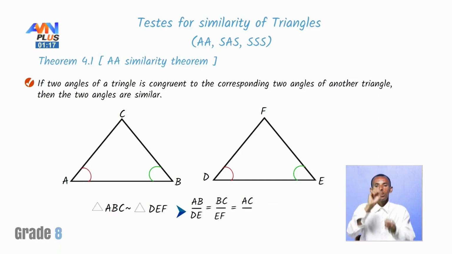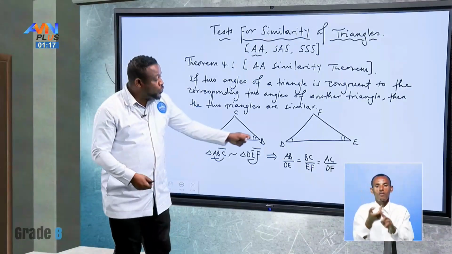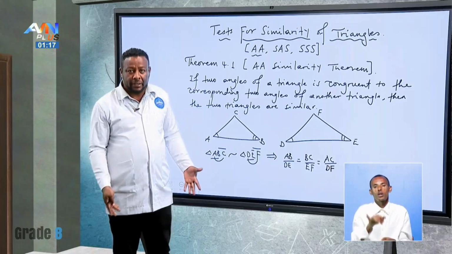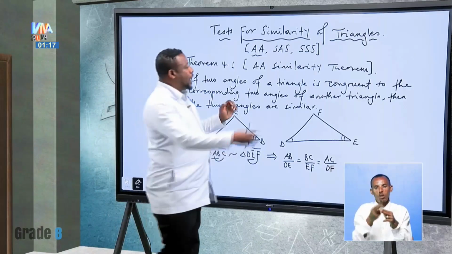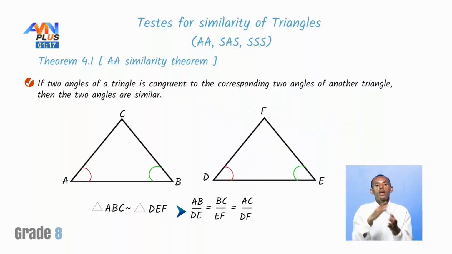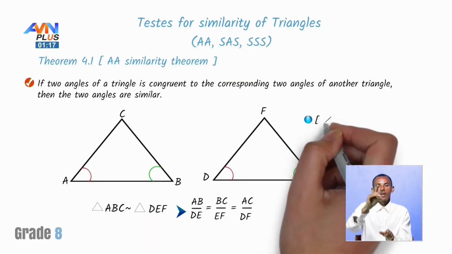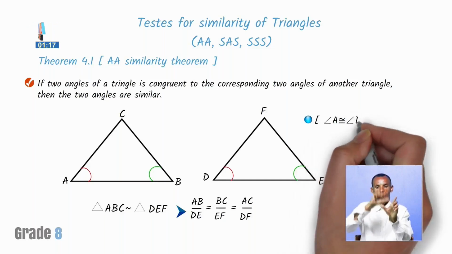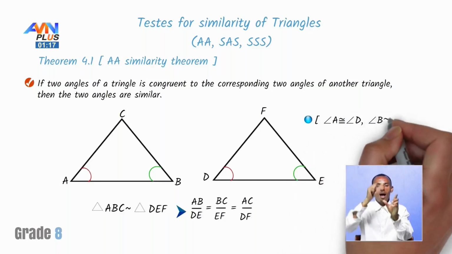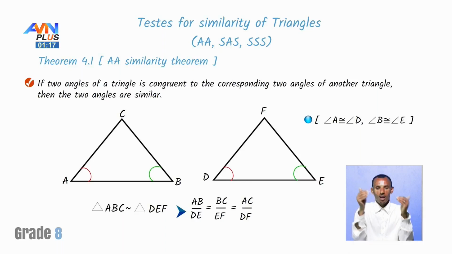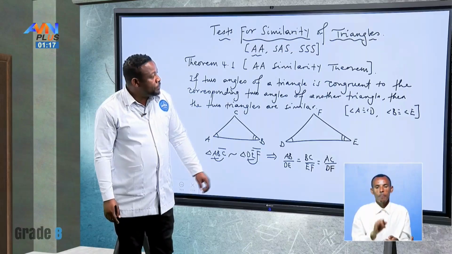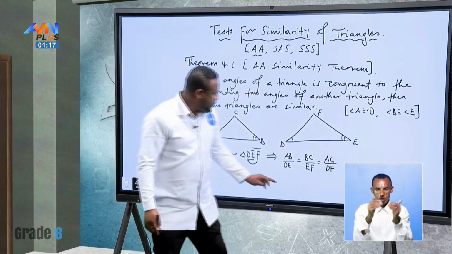So this proportionality can be obtained from these two corresponding congruent angles, right? Shortly, this can be expressed as angle A and angle D are congruent, and angle B and angle E are congruent. The only thing that we need to take is these two congruent angles.